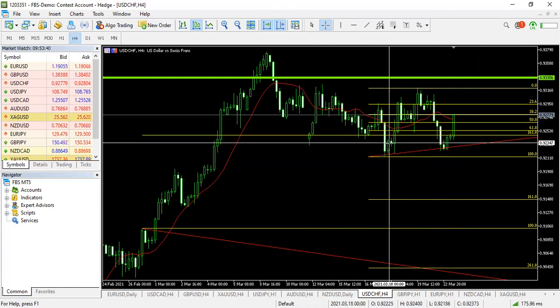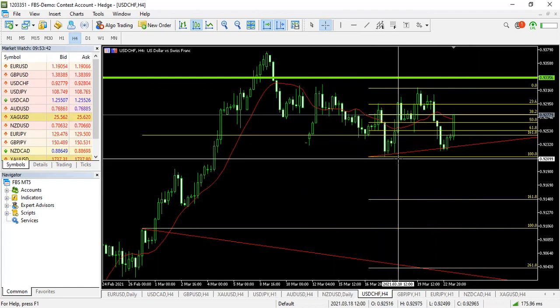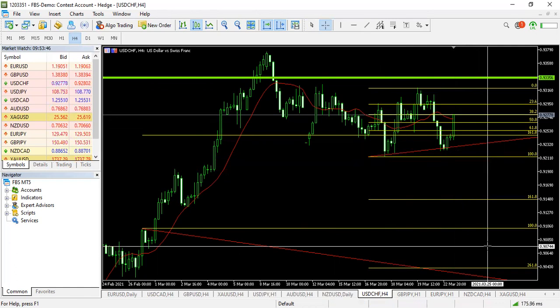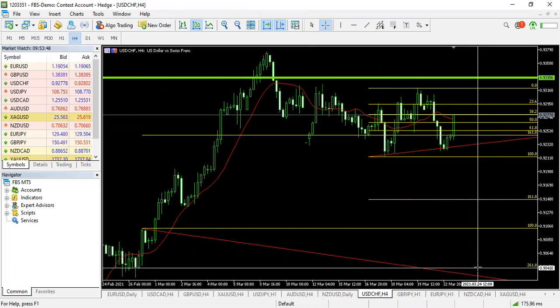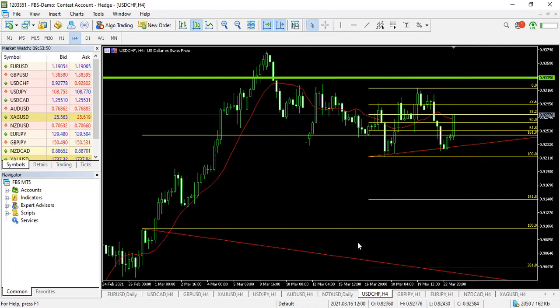So what I'm gonna be looking at is a break below 0.92100, a retest, then I'll be looking to sell all the way to the 0.9400 zone or even lower.